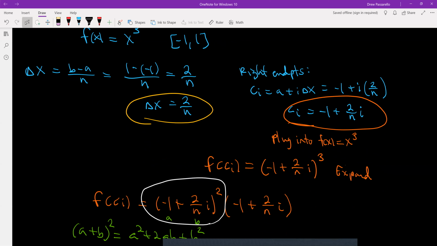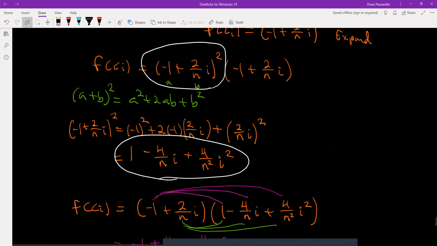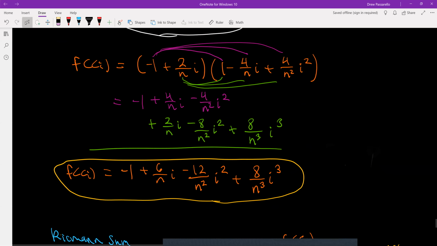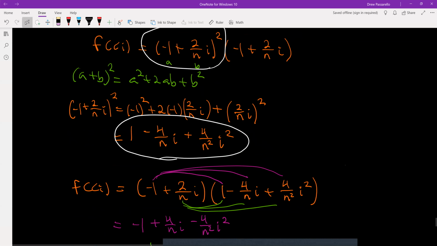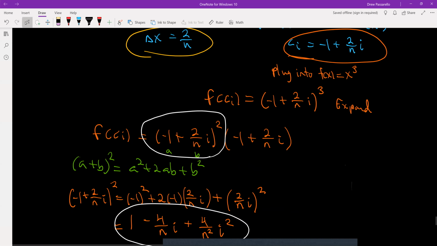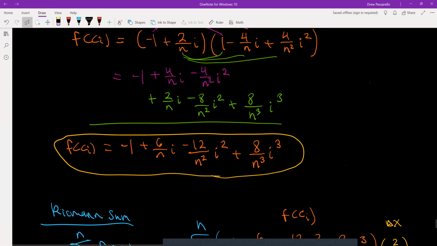Then I plugged that into x cubed, and after I simplified everything, f of ci is negative 1 plus 6 over n times i minus 12 over n squared i squared plus 8 over n cubed i cubed.